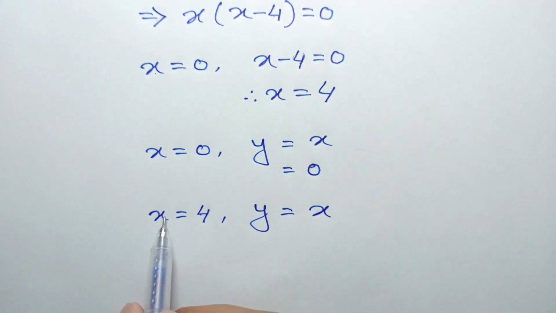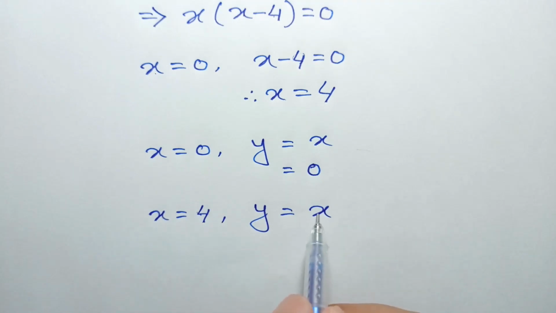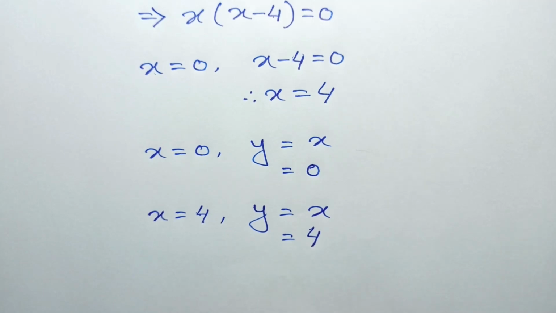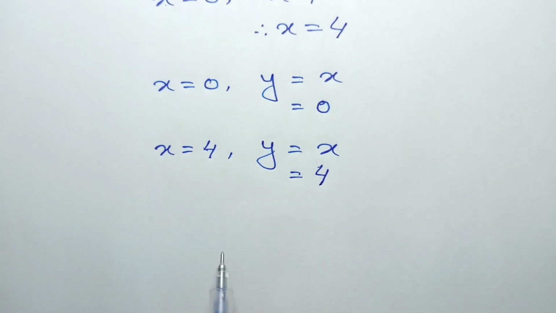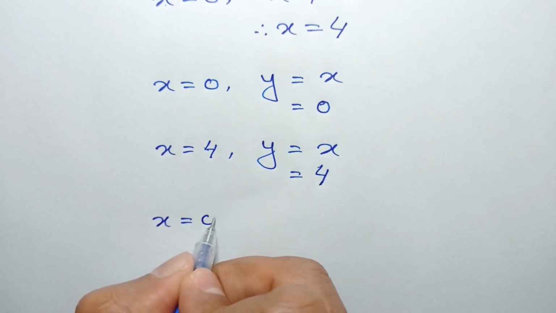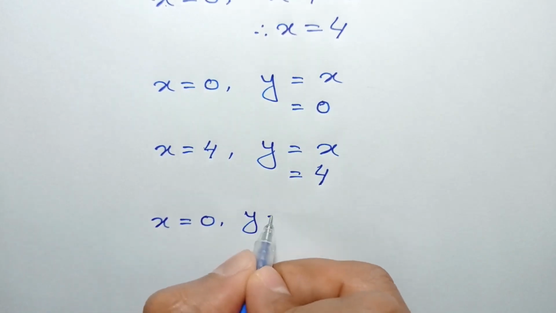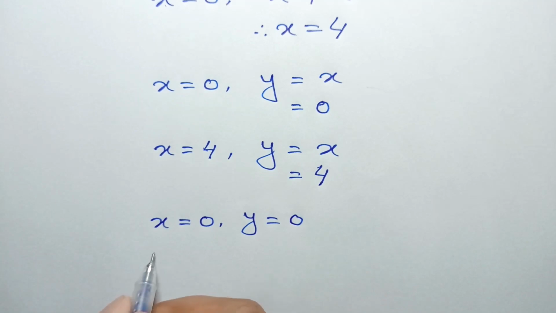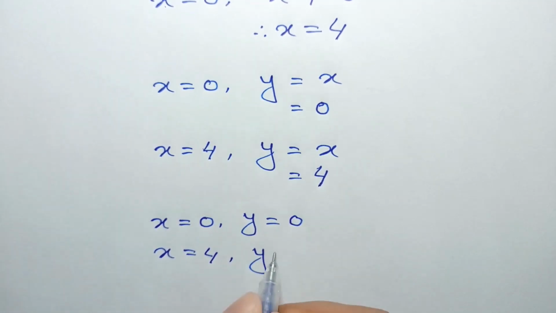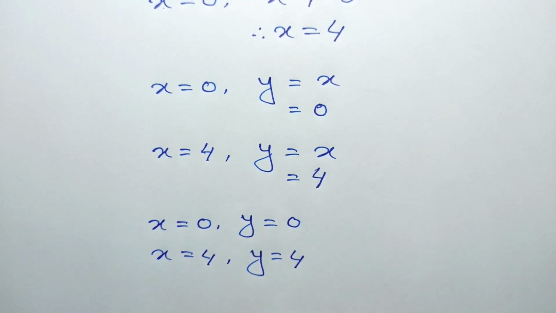Similarly, substitute the value of x is equal to 4 here, we can write y is equal to 4. So from here we get x is equal to 0, then y is equal to 0, and x is equal to 4, then y is equal to 4.